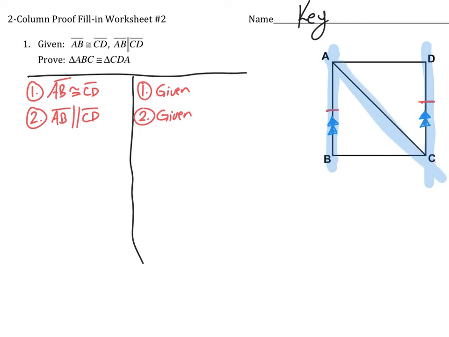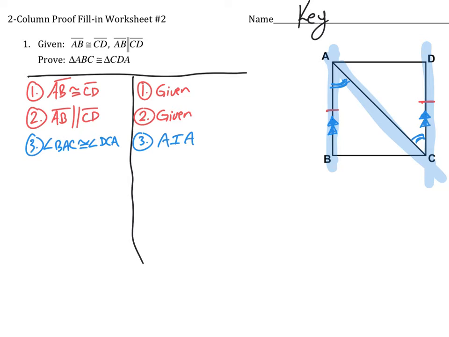Because of that, I'm going to have the angles that make up that Z. These angles are congruent right here and right here. Okay, so step 3 is angle BAC is congruent to angle DCA, and the reason behind that is alternate interior angles.